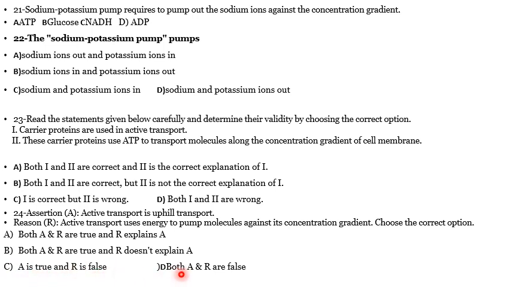Number D, both A and R are false. يبقى انت هتقرا رقم 24 فيها two concepts A and R وتختار الإجابة هل هي A and B and C and D.